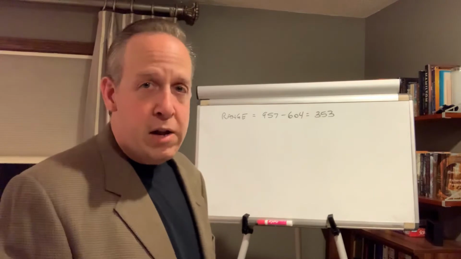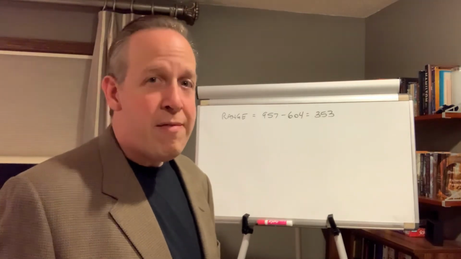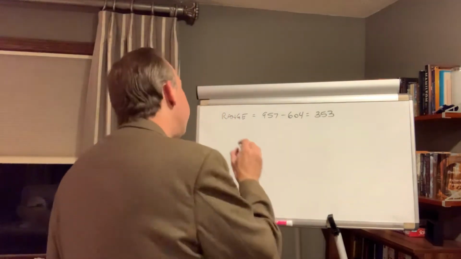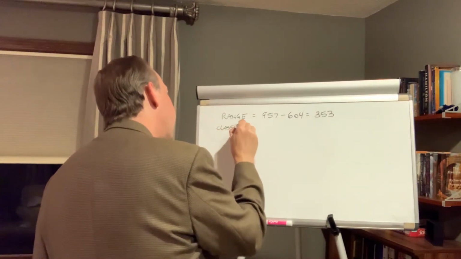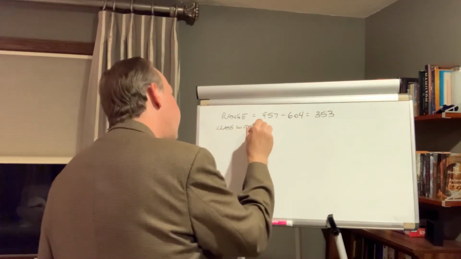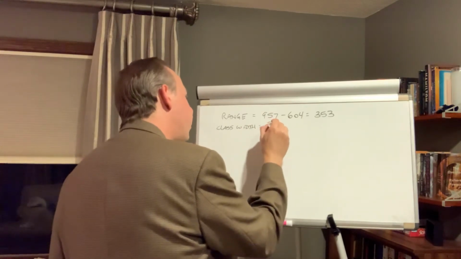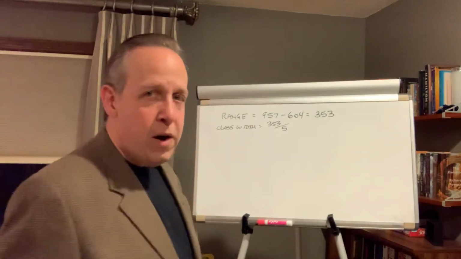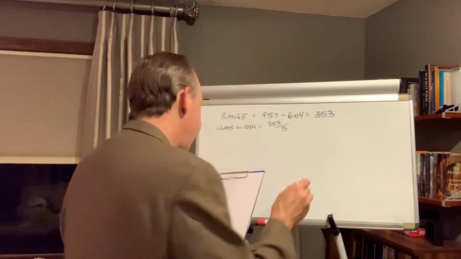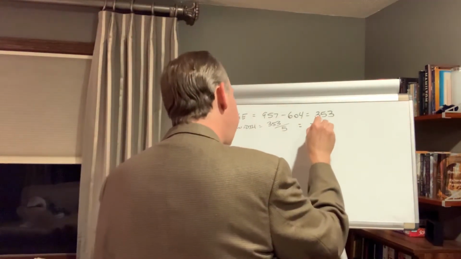If you have a lot of data, you want more columns, but we didn't have that many points of data. So the class width is the range of 353 divided by the number of classes, 5, and that gives me 70.6.